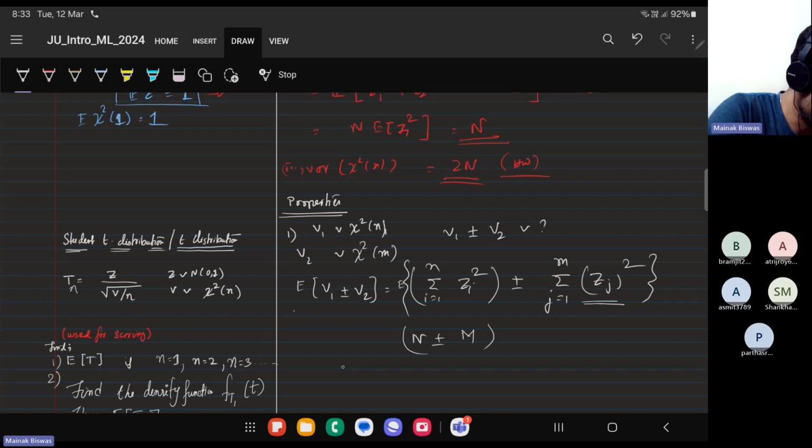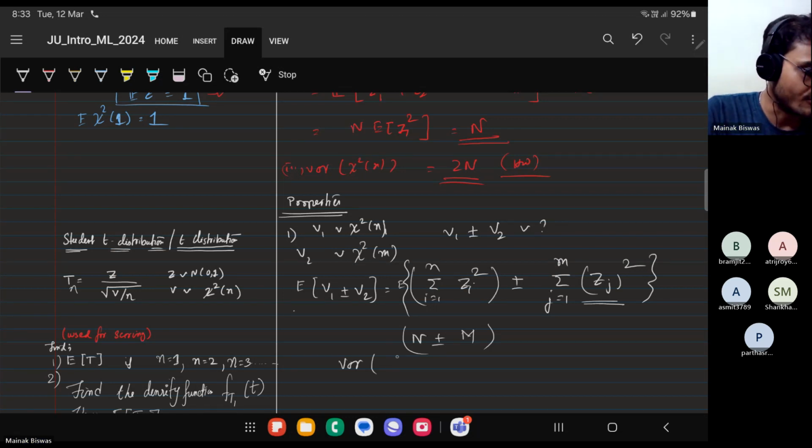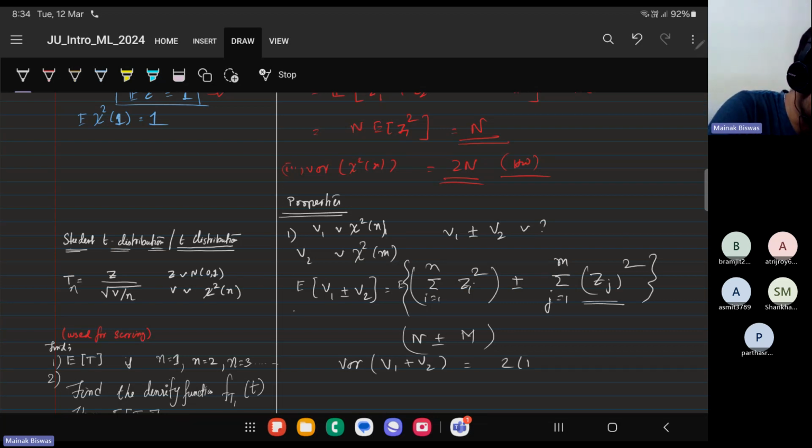Similarly, variance would just add up. For minus, I think it won't hold, but still we'll look at it. But for plus signs, it will hold. For example, variance of V1 plus V2 is still going to be 2 into m plus n, as we have seen before.